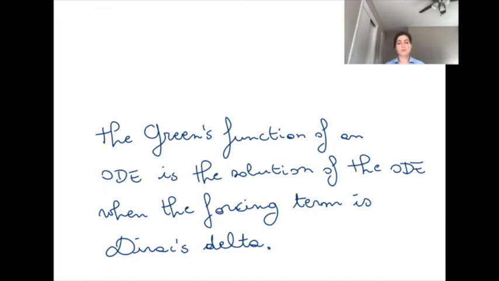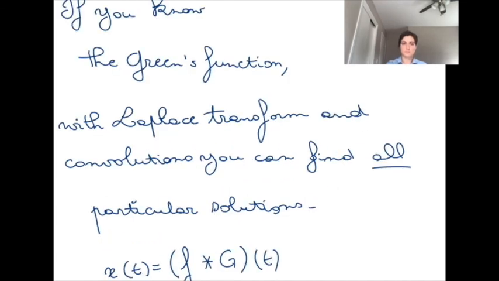The Green's function, just to make it clear, is the solution of the ODE when the forcing term is the Dirac delta. If you know the Green's function, with the Laplace transform and convolutions, you can find all particular solutions. In particular, the particular solution is equal to the convolution of your forcing term and the Green's function.